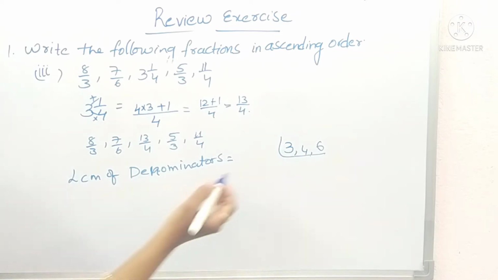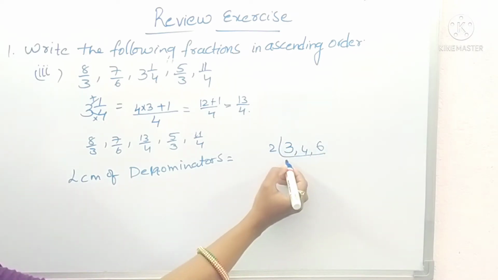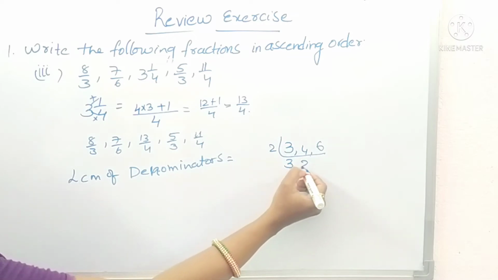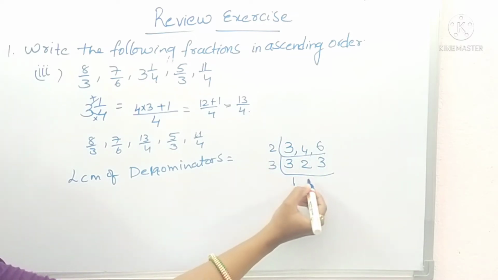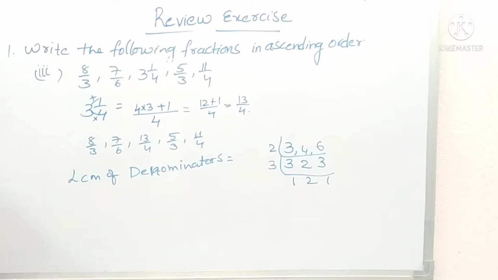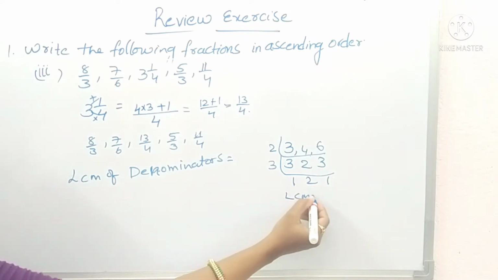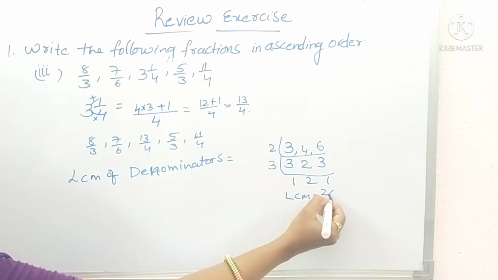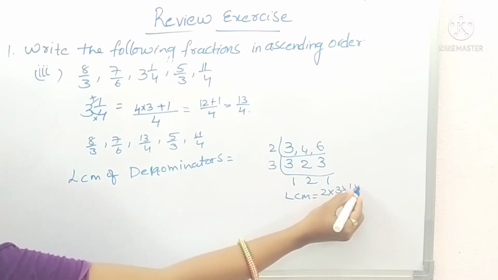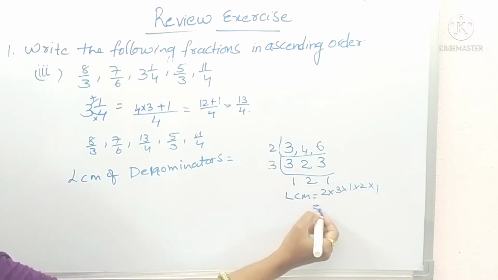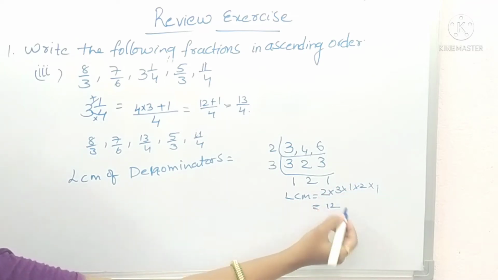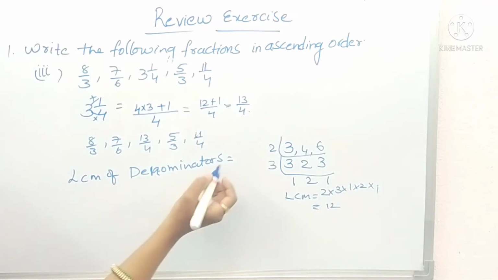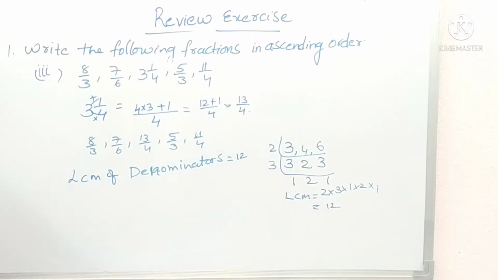First we will check with the 2 table: 2 ones are 2, 2 twos are 4, and 3s stay, right? Again with the 3 table, 3 ones, 3 ones. So what is the LCM? We have to multiply all these numbers: 2 into 3, 1 into 2 into 1. 2 threes are 6, 6 ones are 6, 6 twos are 12, 12 ones are also 12. So the LCM of the denominators here is 12.